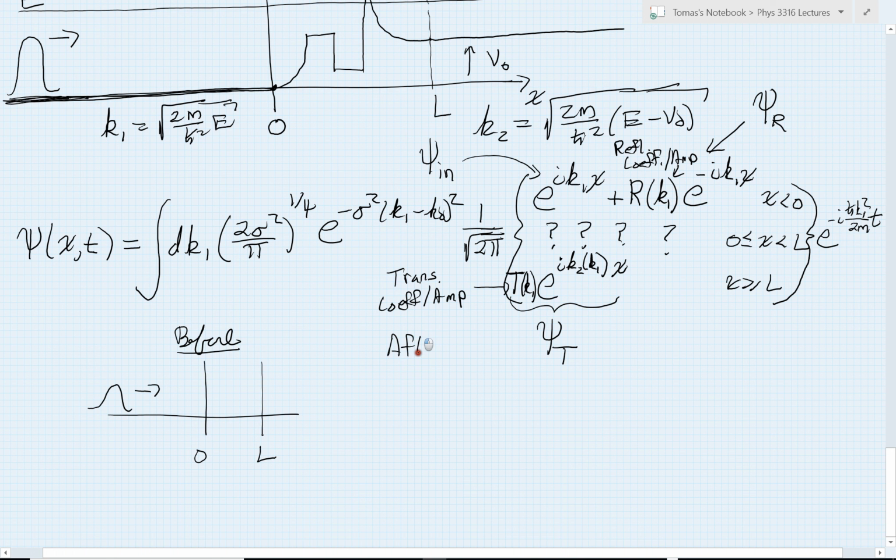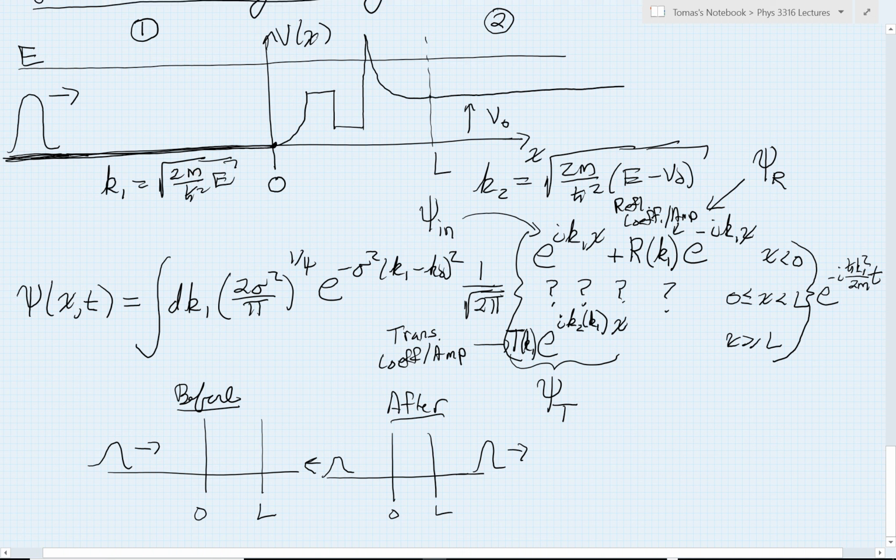The after time, what I expect to happen is that my packet will end up, all the particles will eventually be either reflected or transmitted coming out, again without anything left in this in-between region. So these are the behaviors I'm expecting, and I'm asking, again, the same general questions: when and where are each of these packets, and, of course, what are the probabilities of the reflection and the probabilities of the transmission.